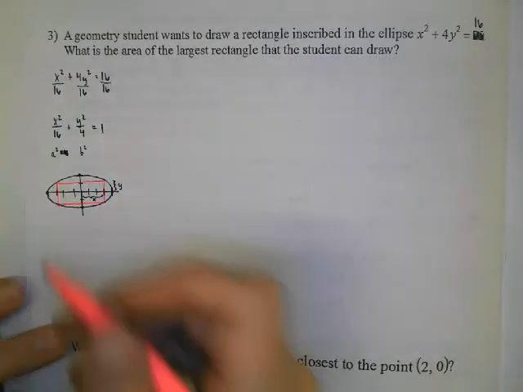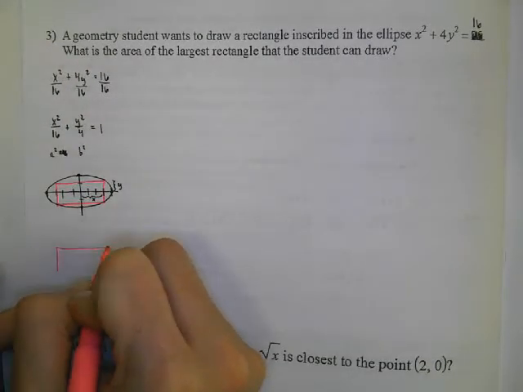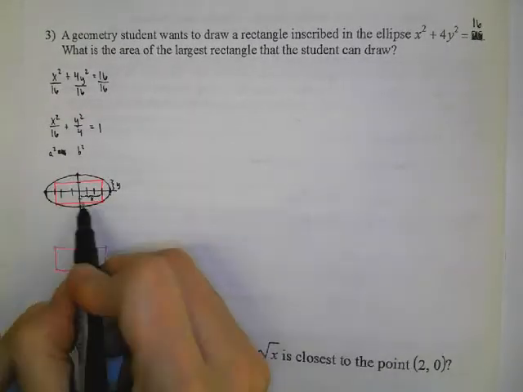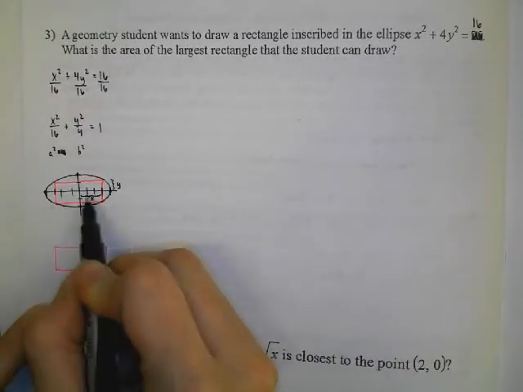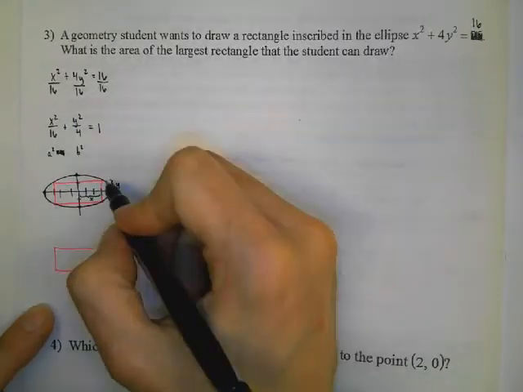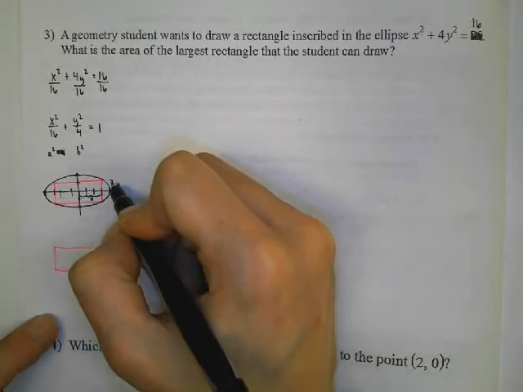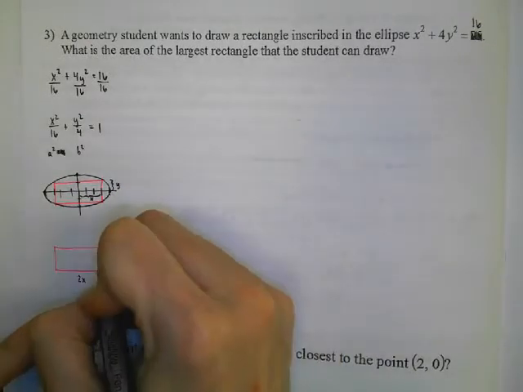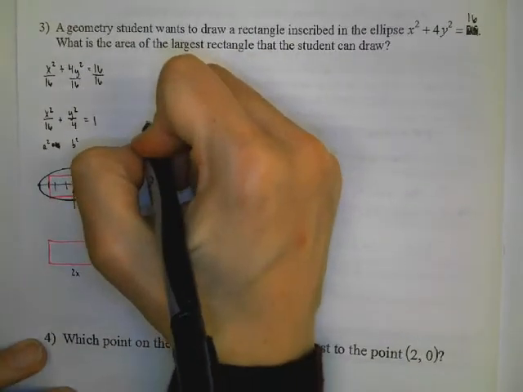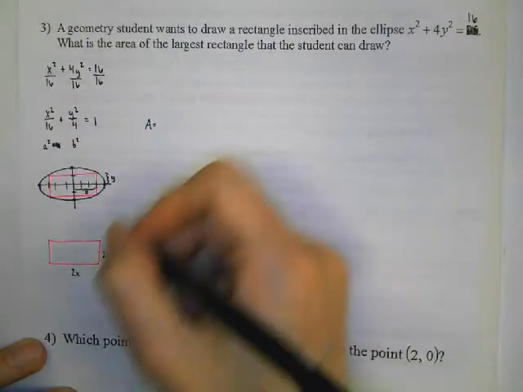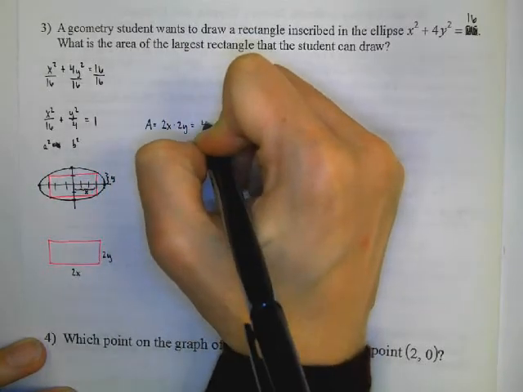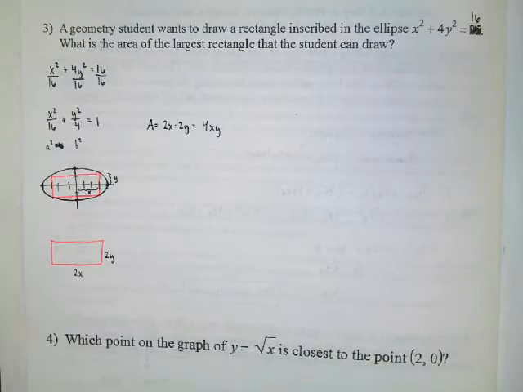If I draw out my whole rectangle, if this distance is x, then the whole width of my rectangle must be 2x. And if this is y, the whole height must be 2y. So now I have an area that's 2x times 2y, or 4xy.